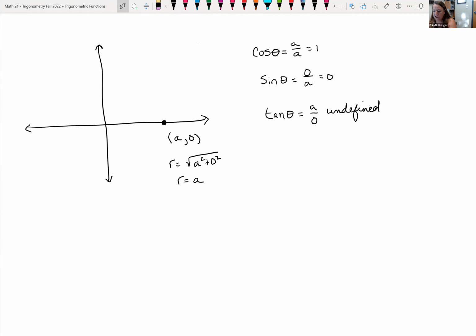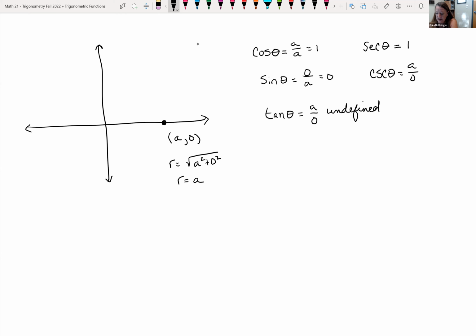The reciprocal function of cosine, that one is secant. So secant theta, 1 over 1, or flipping a over a, we still get 1. If we look at cosecant theta, though, taking the reciprocal of 0 over a, we're now dividing by 0.